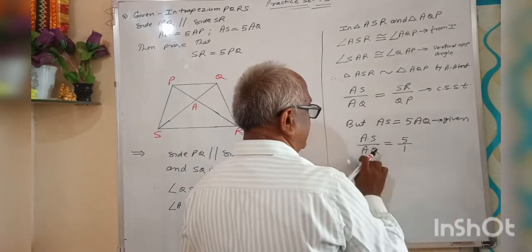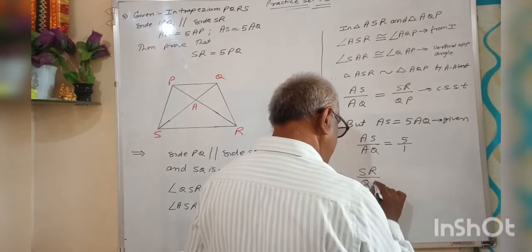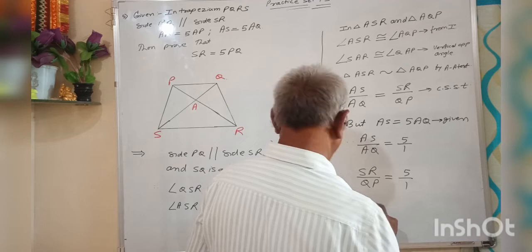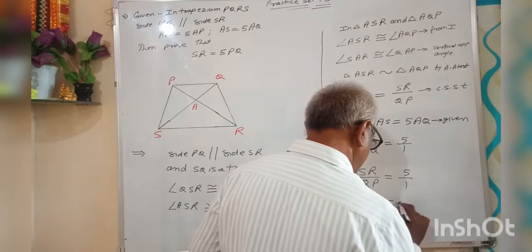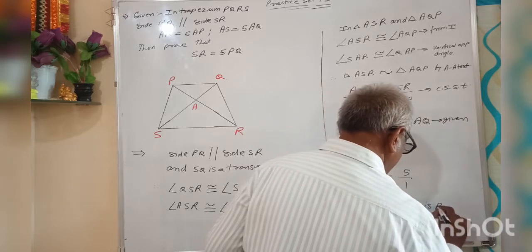Therefore, we can write that SR upon QP is equal to 5 upon 1. Therefore, SR is equal to 5QP, is proved.